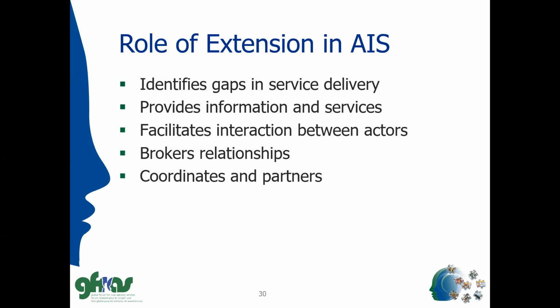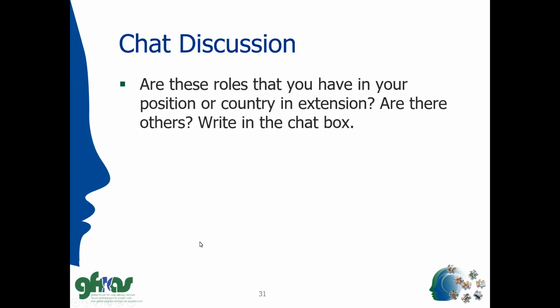So instead of just providing a conduit or the link between research and farmers, extension is really here to identify gaps in service delivery, provide information and services like usual, but also to facilitate interaction between the actors, because the extension agents are the ones who know the farmers, who know the agricultural innovation system and understand how the system works, and they can really broker relationships. They have a big role in coordinating and partnering within the agricultural innovation system.